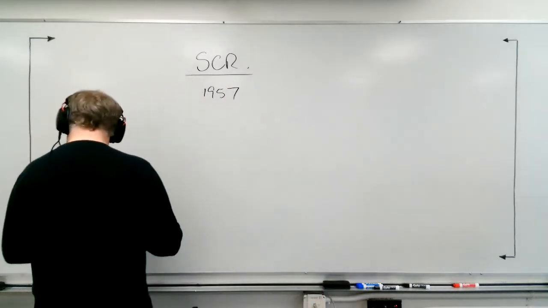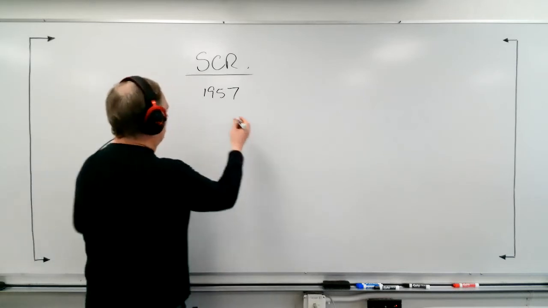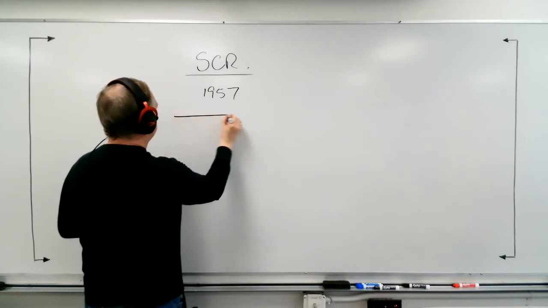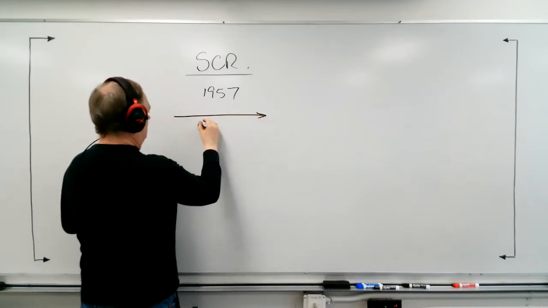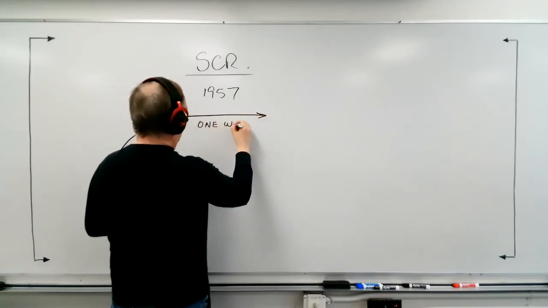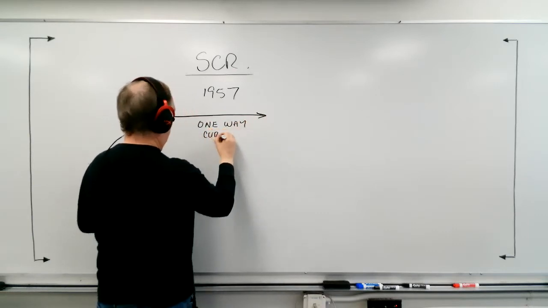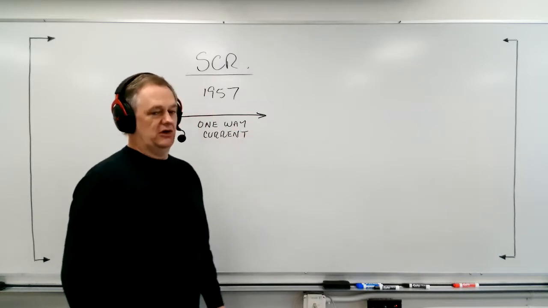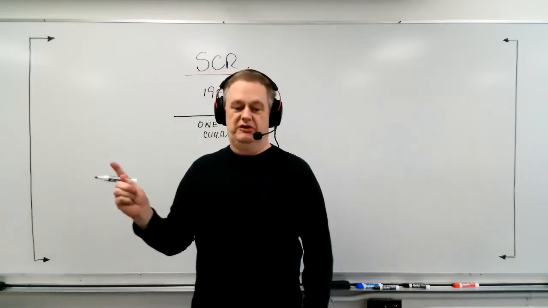So just to begin with, let me give you a quick description. This device is one-way current. There's no intention for current to go back and forth through this component.